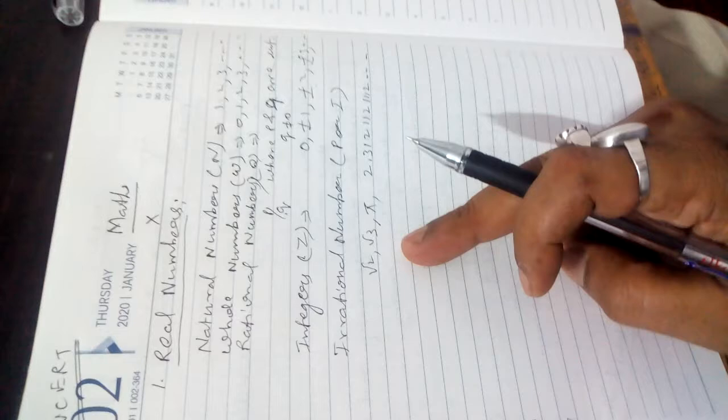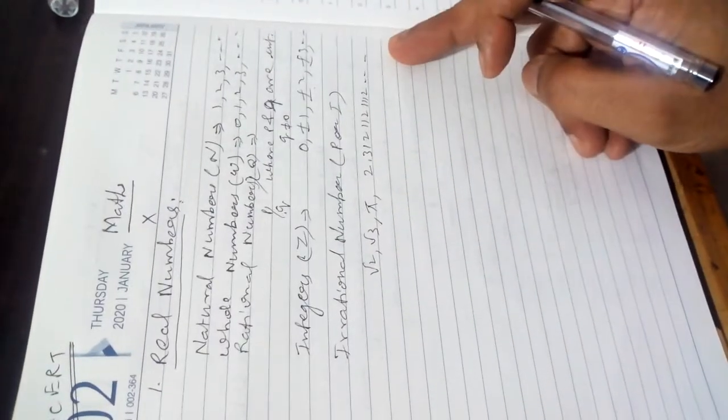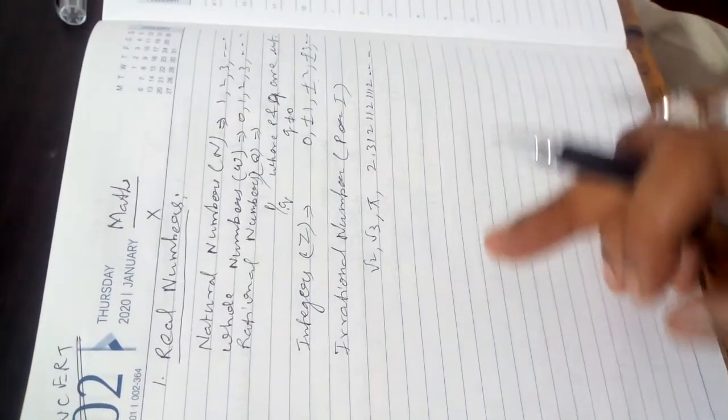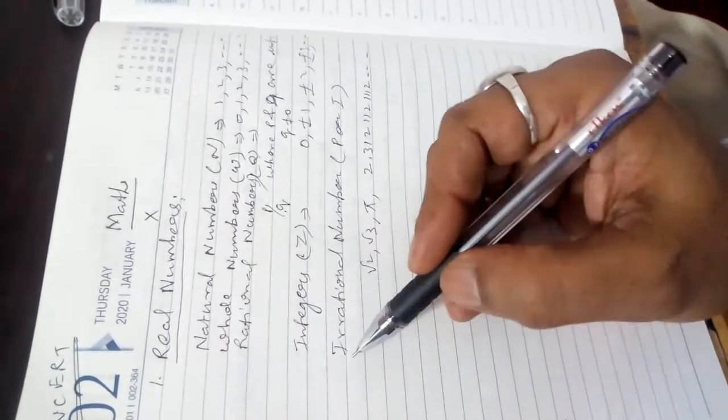Non-terminating repeating decimals are called rational. Non-terminating non-repeating decimals are called irrational. You know this very well from the previous classes.